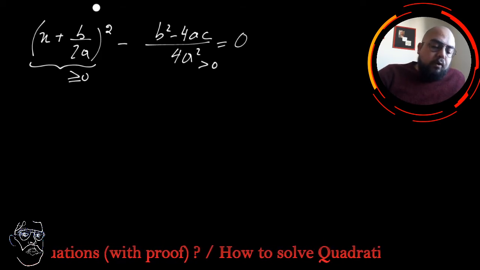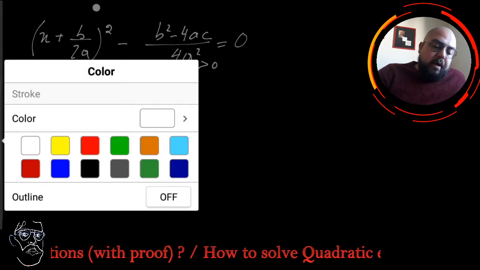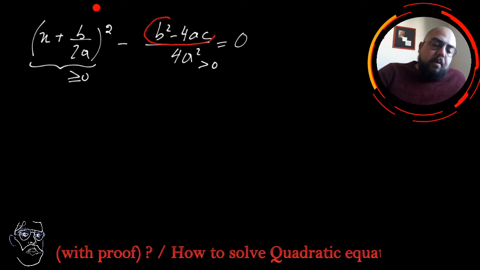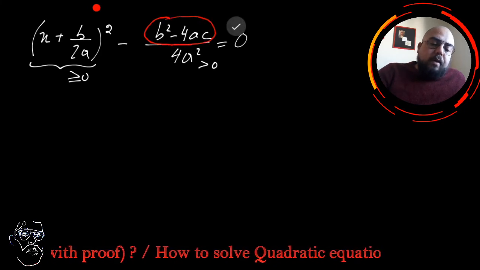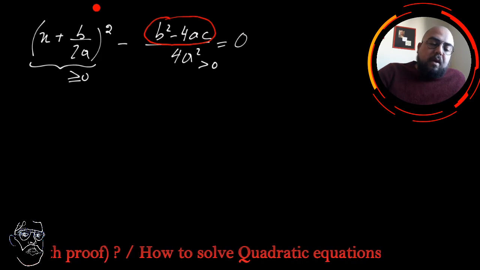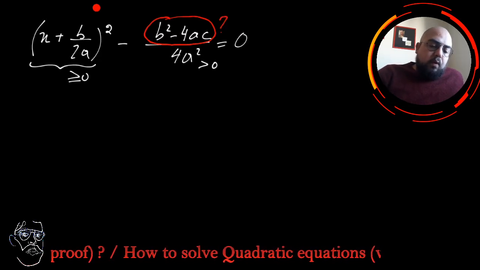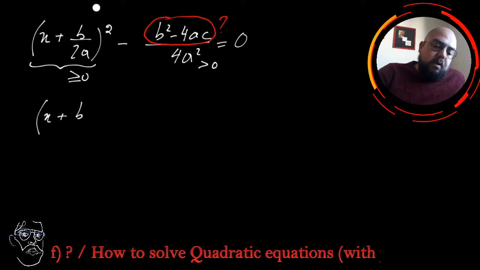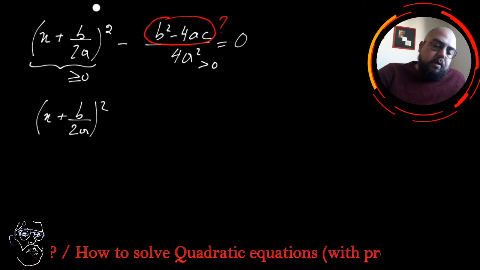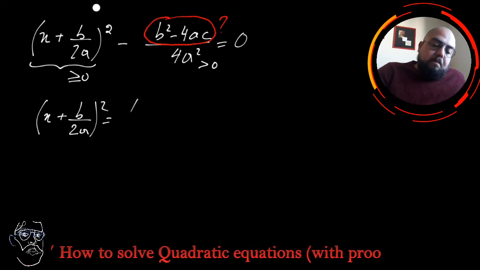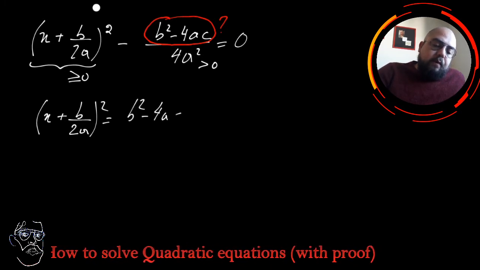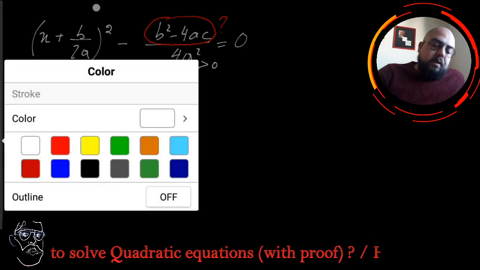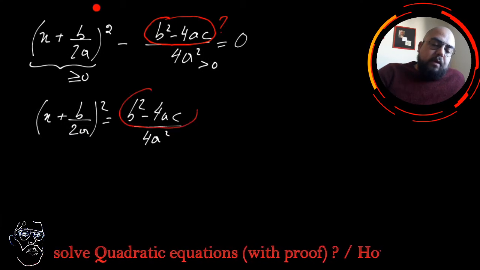The part which I don't know anything about its sign, and which will decide the sign of my equation, is b² − 4ac. So whenever I write this equation in this form, (x + b/2a)² = (b² − 4ac)/4a², the only part in question is b² − 4ac.